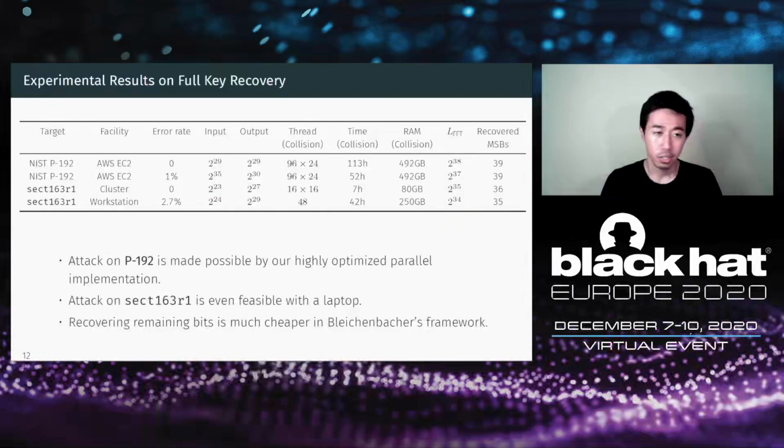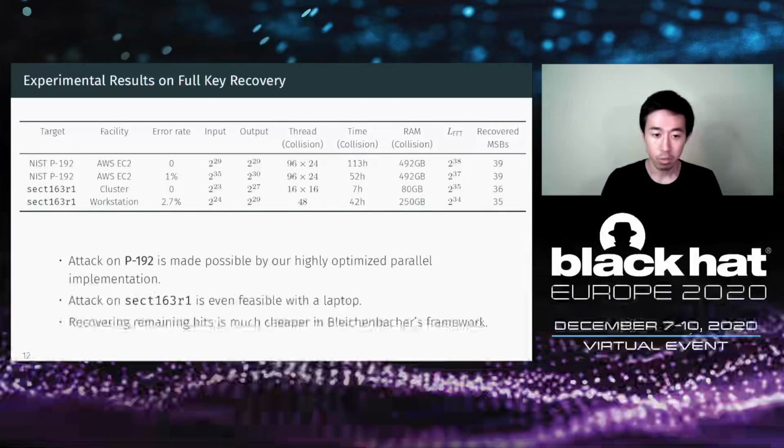And after analysis, we implemented the entire attack and show that indeed the key recovery attack works. In the case of P192, the attack was made possible by executing our highly optimized parallel implementation in AWS EC2. And the entire attack completed in a reasonable amount of time.